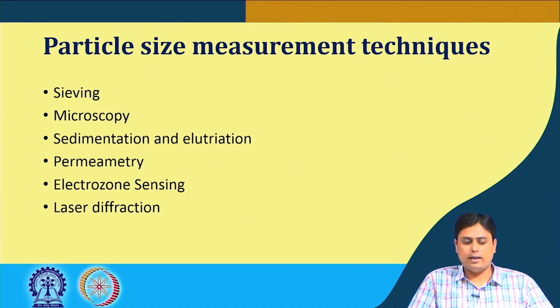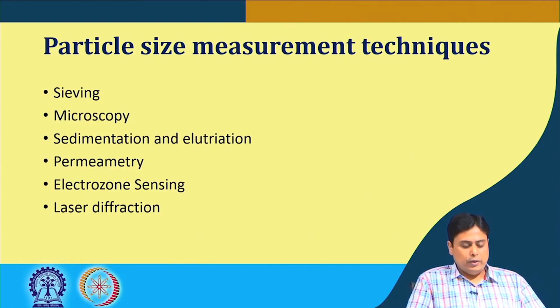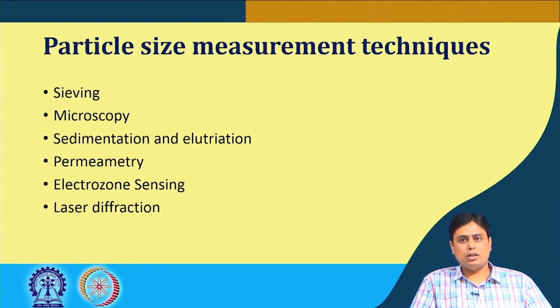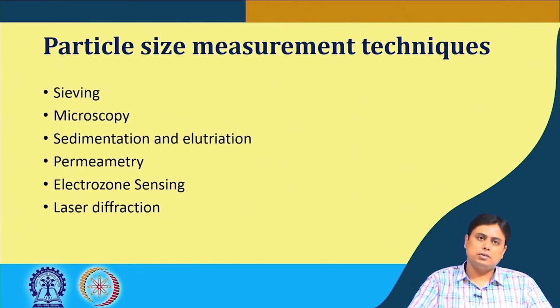There is no standard sieve that can help you identify a particle size below 50 micron. In that case, we have to go to either microscopy, sedimentation, permeametry or the other methods. Similarly, based on the particle range, we have to use our size measurement techniques, which will be covered in the next lecture. So, with this, I thank you for your kind attention and will interact with you in the next lecture. Thank you.